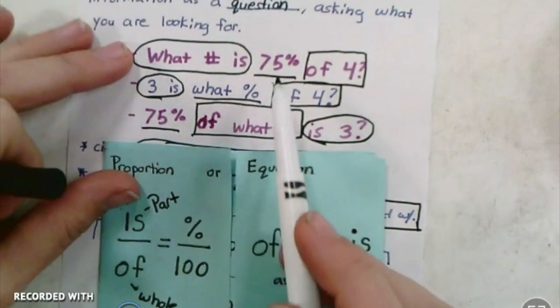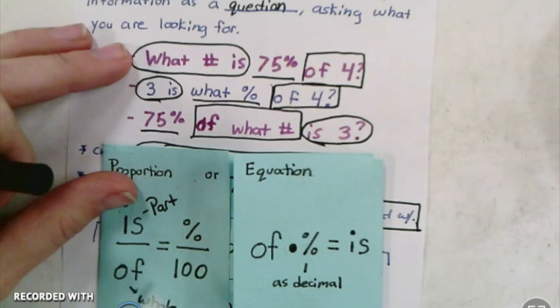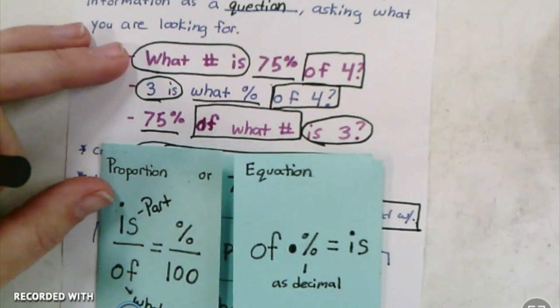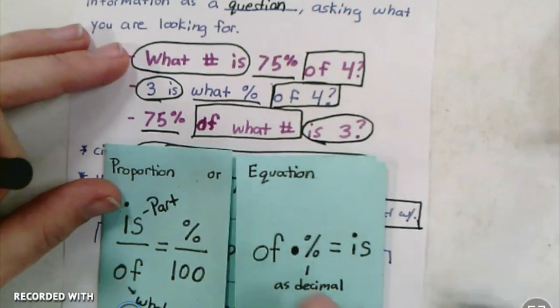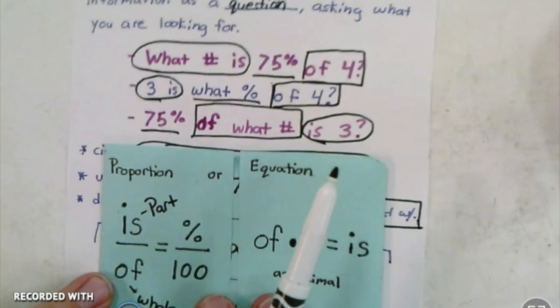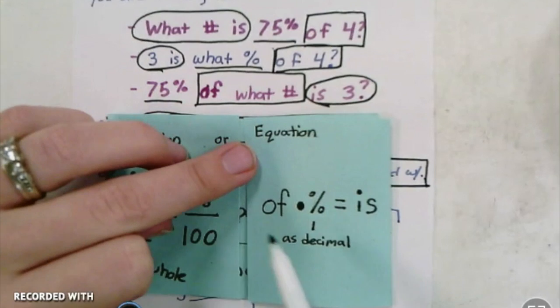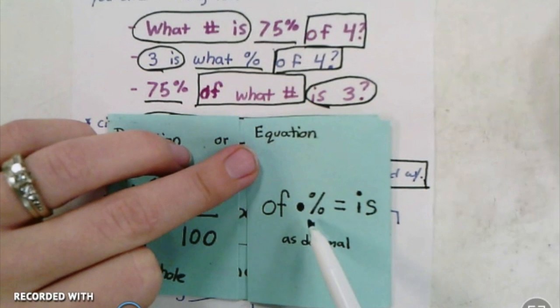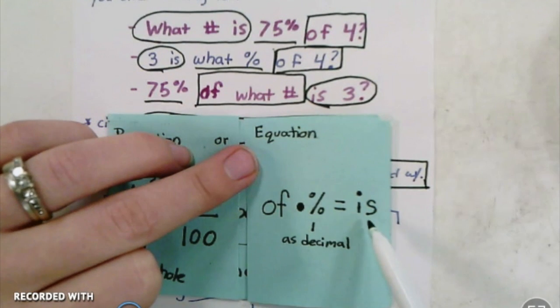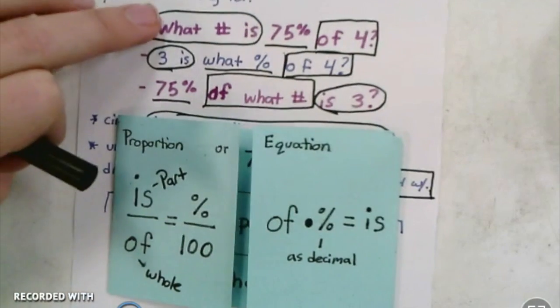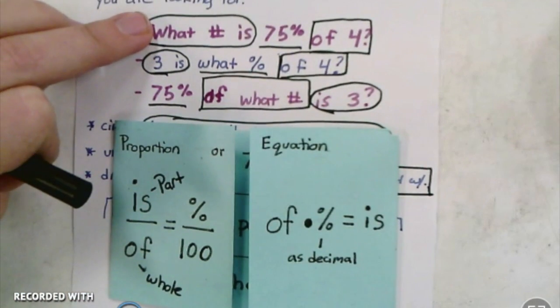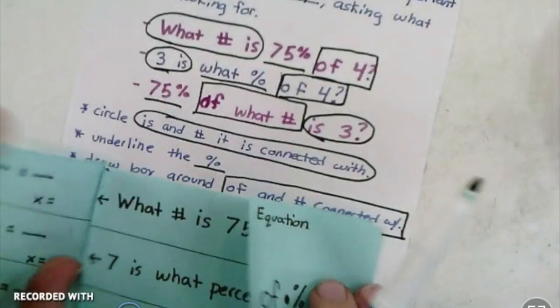So my 75 is going to go up here where the percent is. 100 always stays 100. And then of 4 is going to go on the bottom right here where it says of. In the equation, I would have 4 times 0.75 equals X because I don't know what my is is in this part.